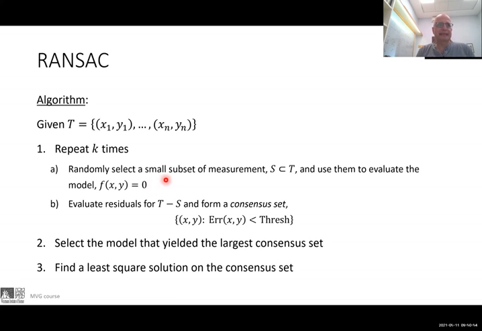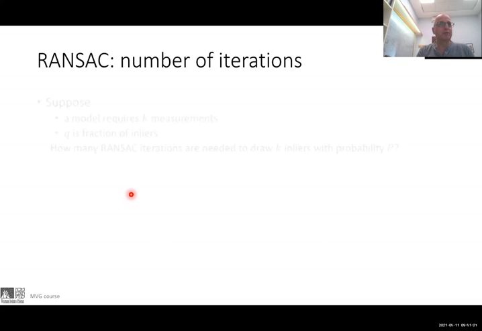First, we select a small subset of measurements. The number of measurements should be sufficient to evaluate the model. So how many points do we need in the case of estimating a line in the previous problem?